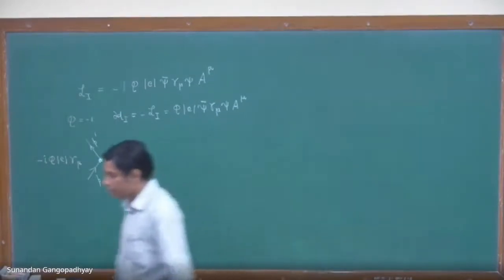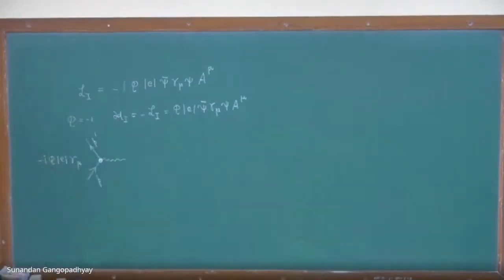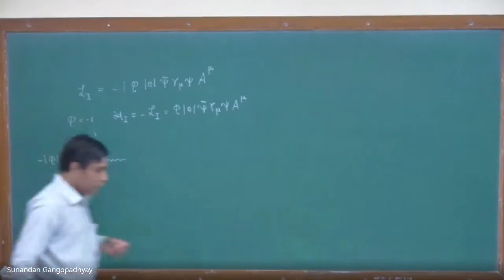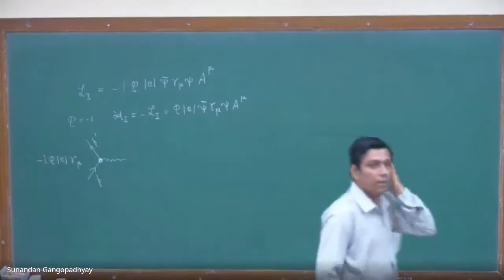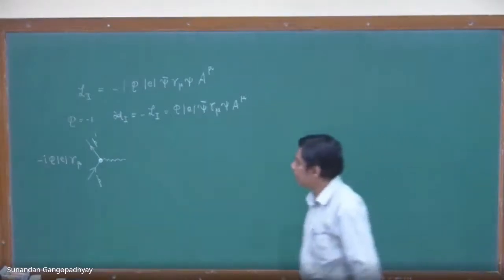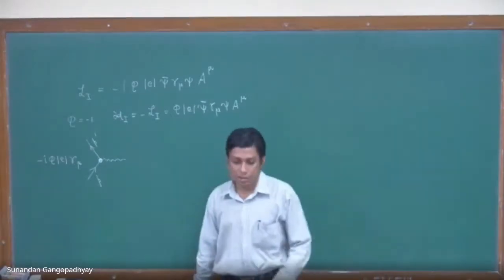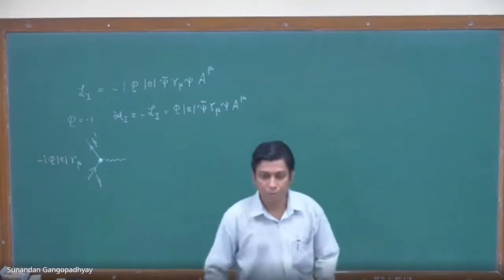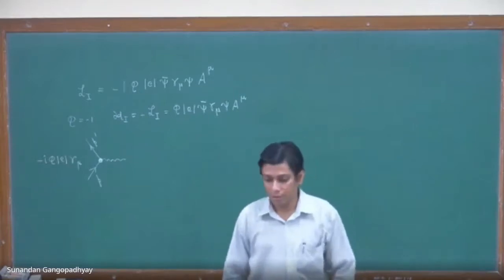So what we shall first do today is look at Rutherford scattering in the non-relativistic limit. If you remember, Rutherford discovered the scattering of alpha particles from the nucleus of an atom.